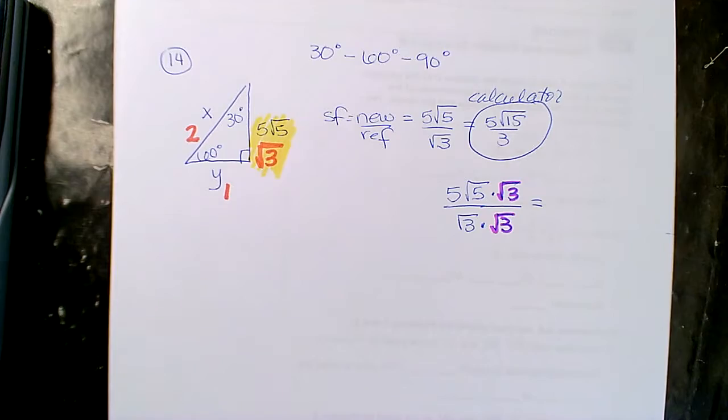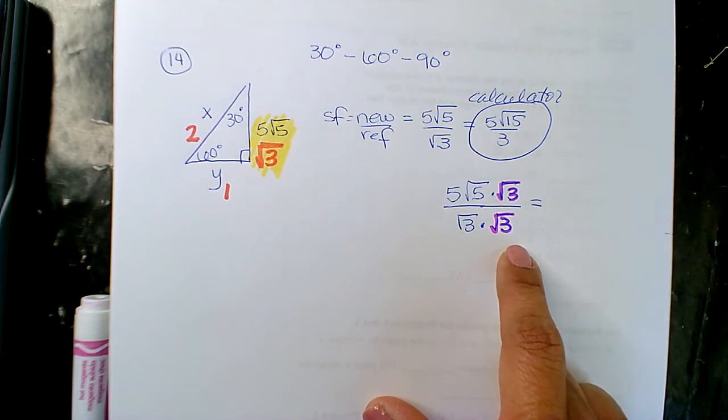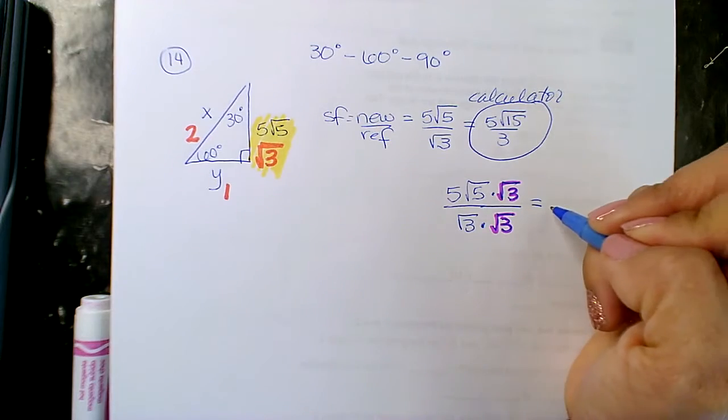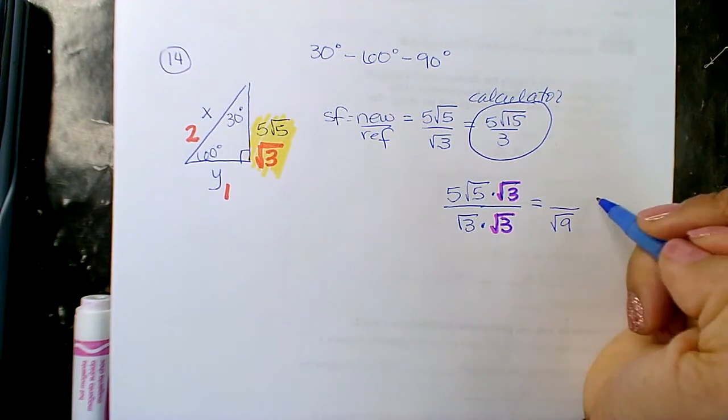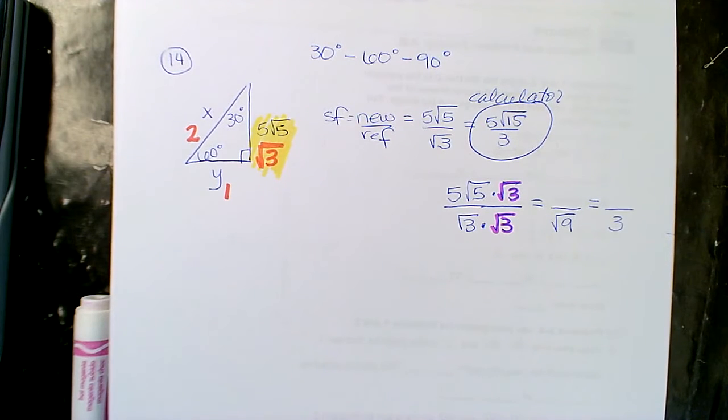Exactly by itself. Because what's rad 3 times rad 3? Rad 9, right? And what's rad 9? 3. So the way you turn a radical denominator into an integer denominator is just multiply it by itself.